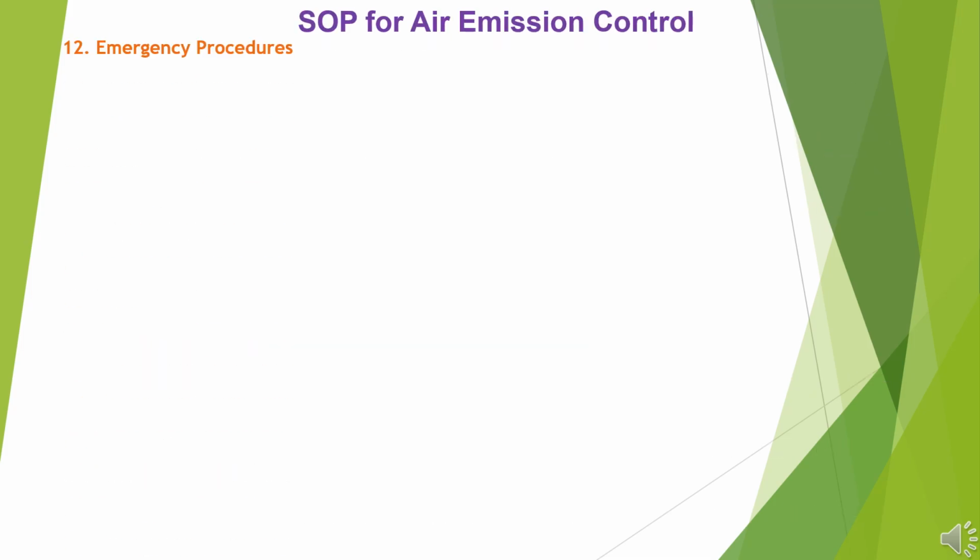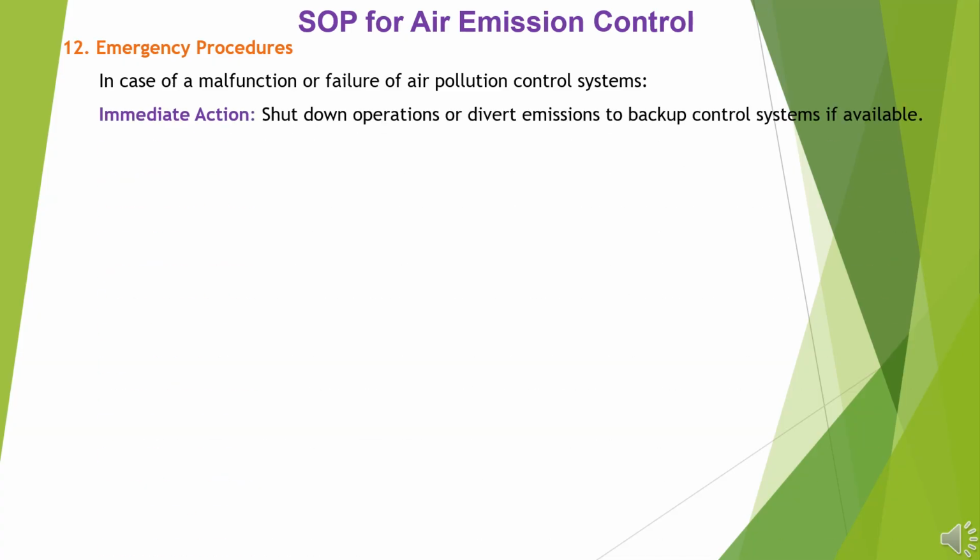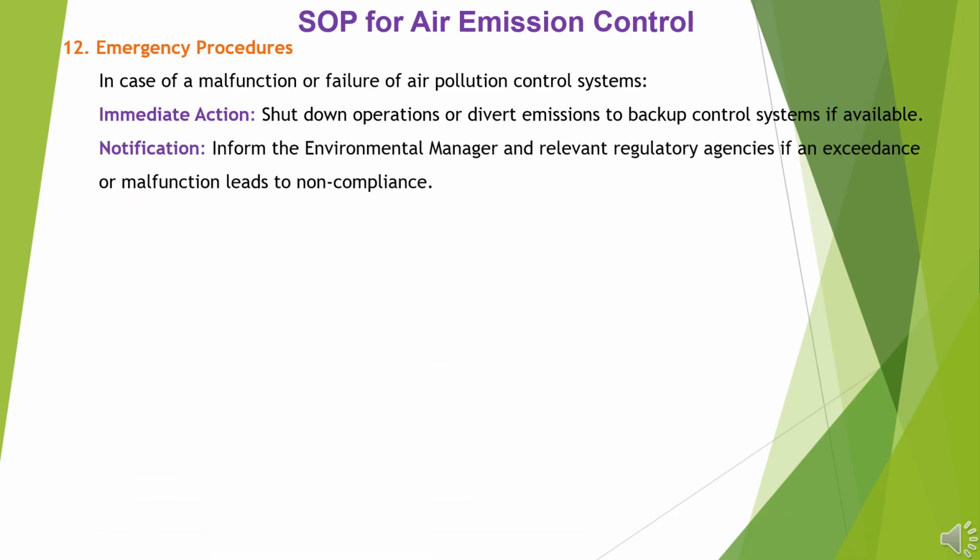12. Emergency procedures. In case of a malfunction or failure of air pollution control systems, take immediate action: shut down operations or divert emissions to backup control systems if available. Notification: inform the environmental manager and relevant regulatory agencies if an exceedance or malfunction leads to noncompliance.